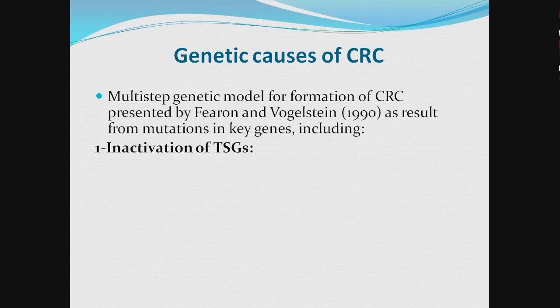The second group of genes is called oncogenes, and oncogenes are responsible for the development of cancers. In a normal cell, they are supposed to be suppressed, but when they are activated, the oncogenes will develop into cancer cells.